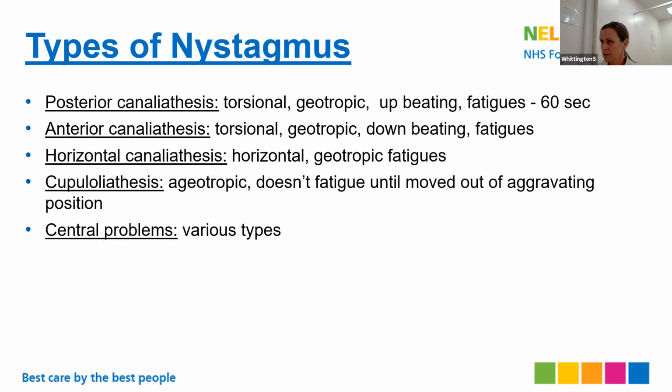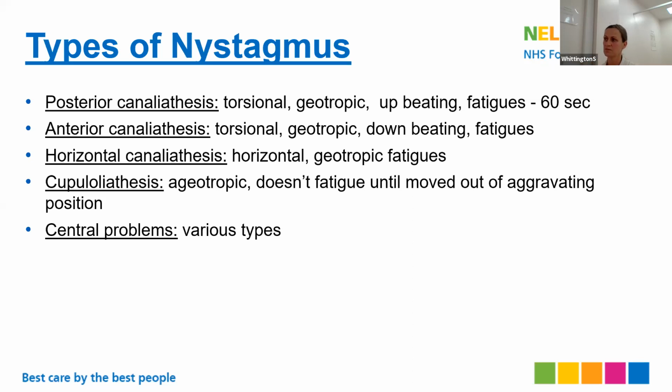So in BPPV, if you have a posterior canal problem, which, like I said earlier on, is the most commonly affected area in the vestibular system, what you're going to see nystagmus-wise is a torsional nystagmus. So the eyeballs basically twist in the socket. The nystagmus is going to be geotropic, which basically just means that the fast beat is towards the affected side.